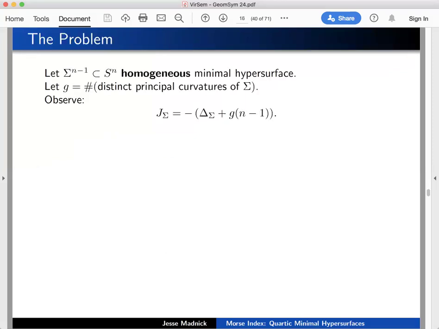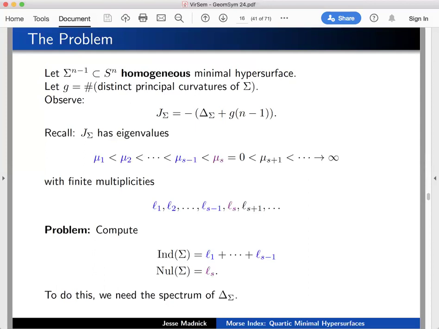So let sigma be any one of these homogeneous minimal hypersurfaces, and again, G is the number of distinct principal curvatures. In this case, the Jacobi operator simplifies somewhat. The second fundamental form term is now essentially just a constant times the identity. So our Jacobi operator is now just a shift of the Laplacian.